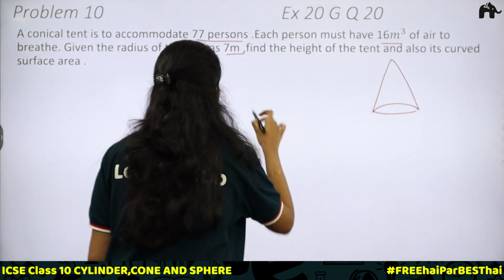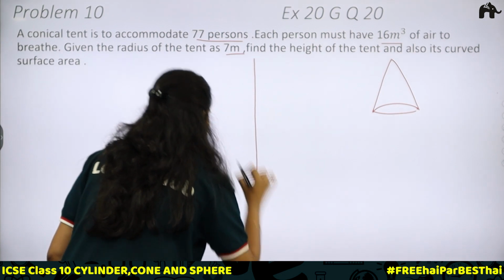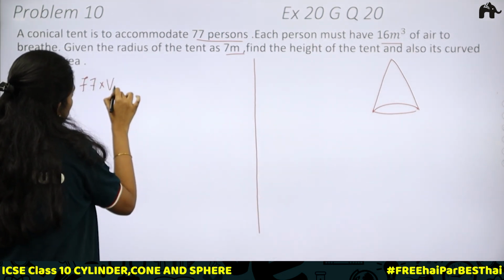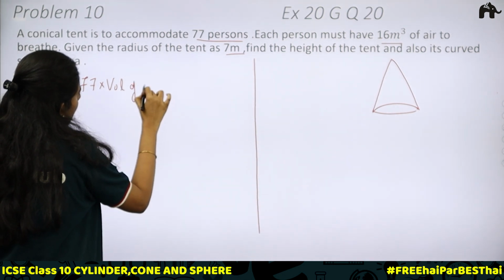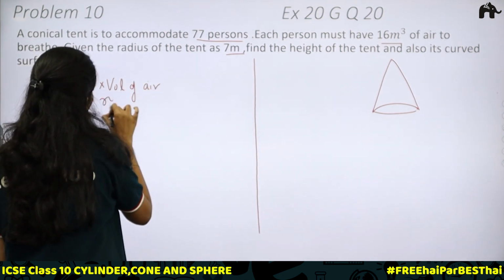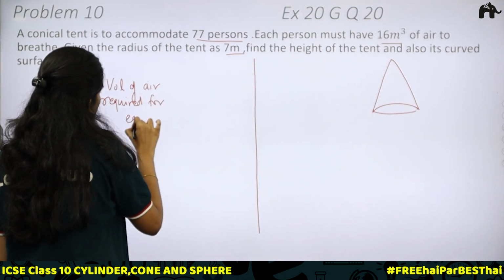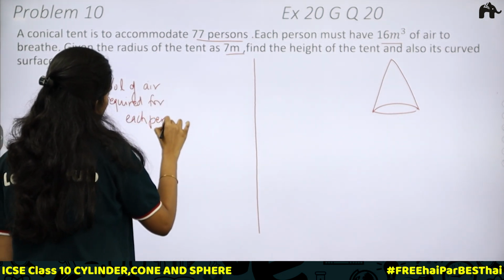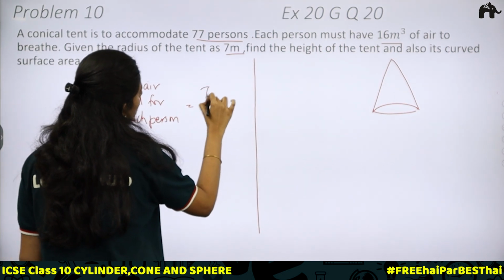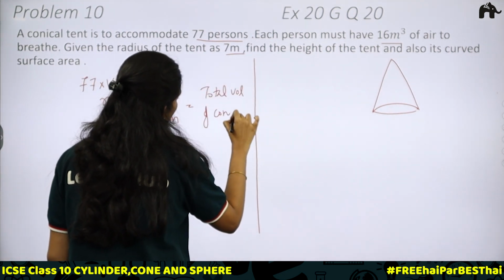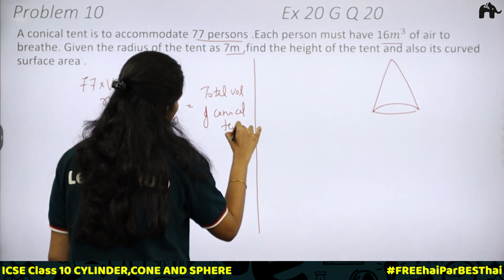Okay. So we will be having 77 into volume of air required for each person equal to the total volume of conical tent.